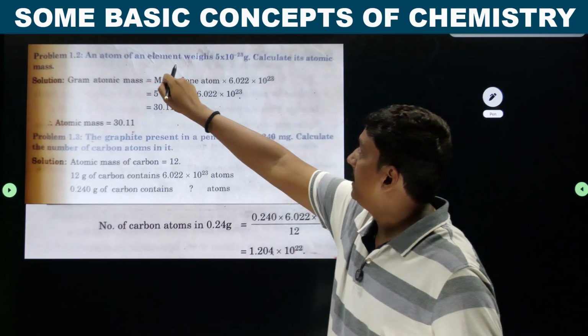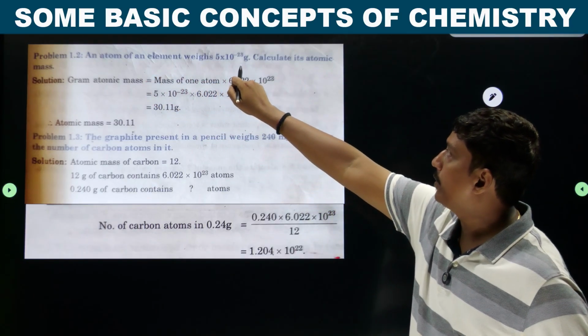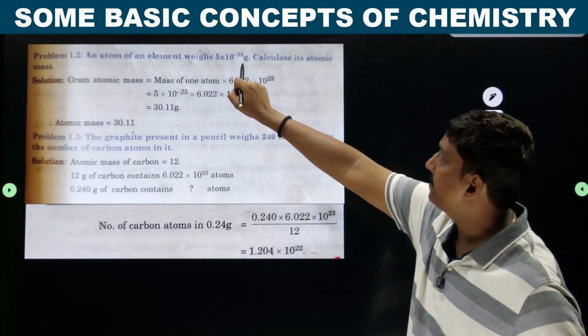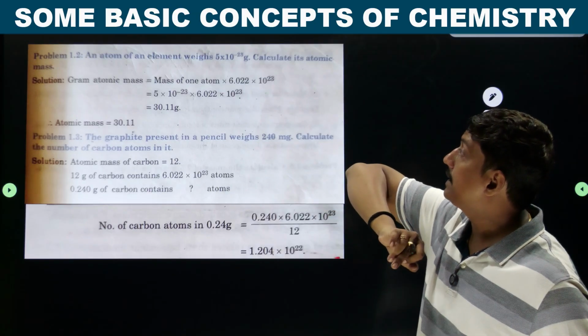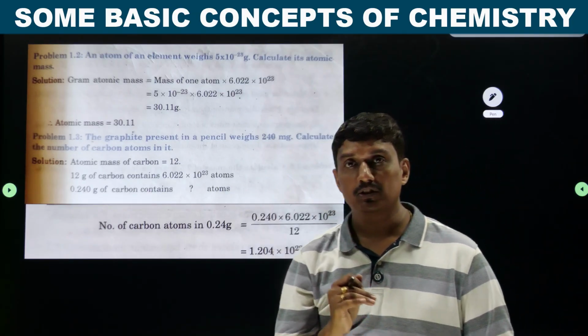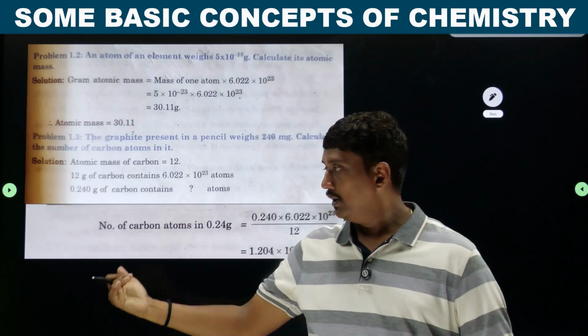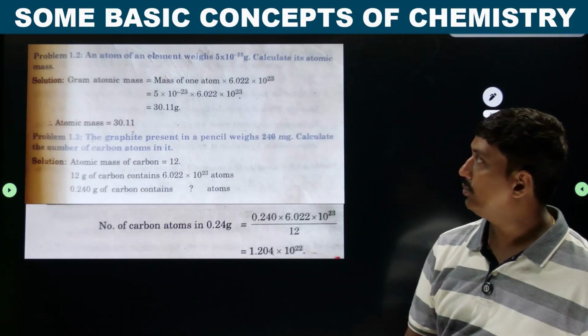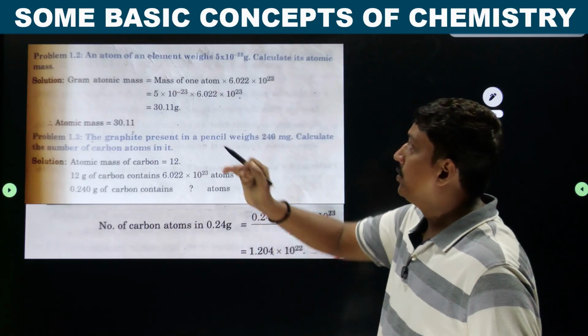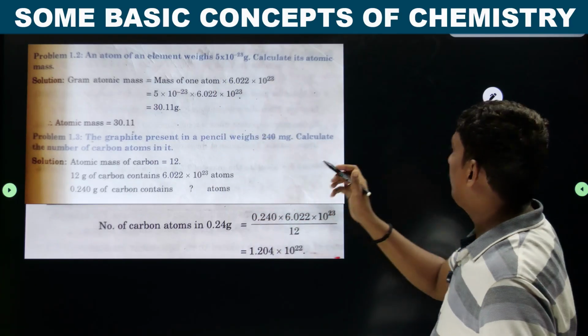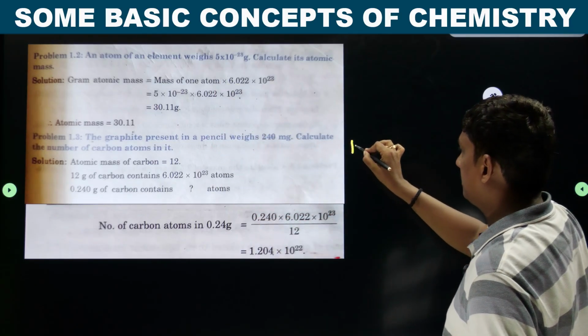An atom of an element weighs 5 into 10 to the power minus 23 grams. Calculate its atomic mass. This question is related to the formula that I discussed now. What data is given? The mass of one atom of an element is given.